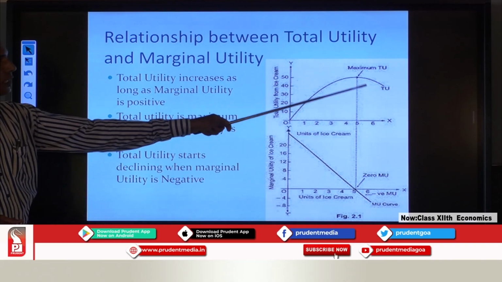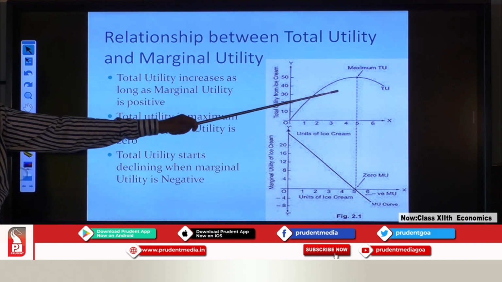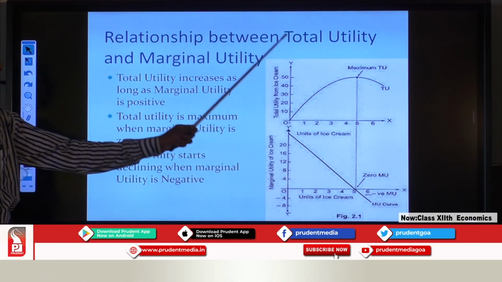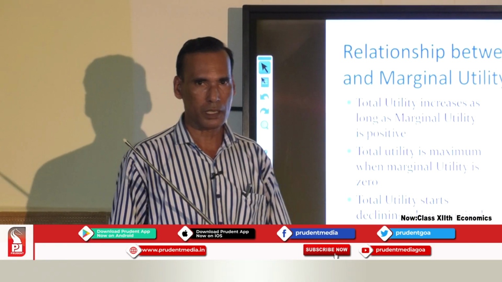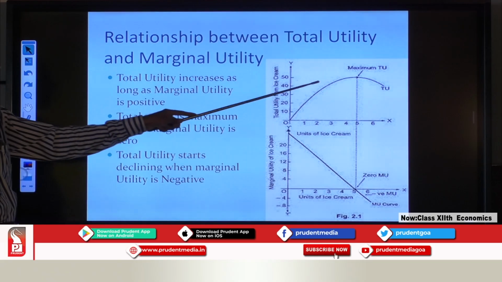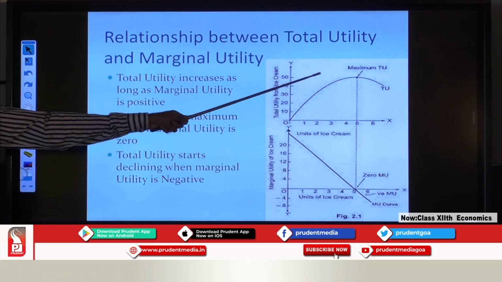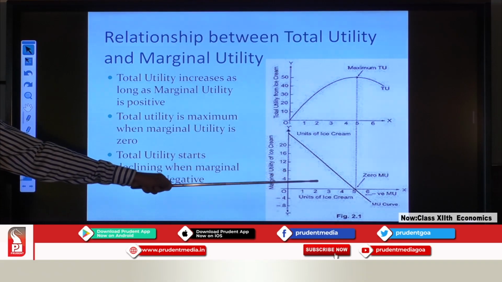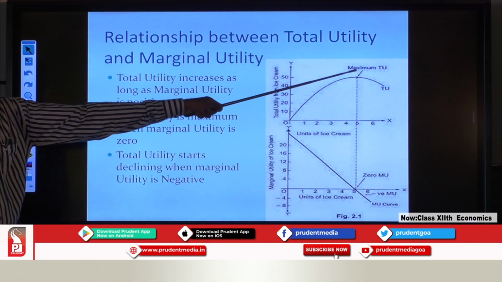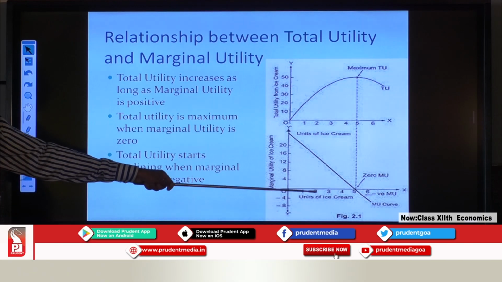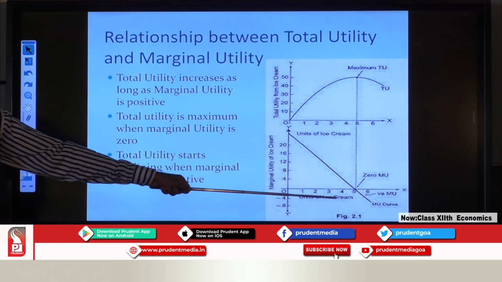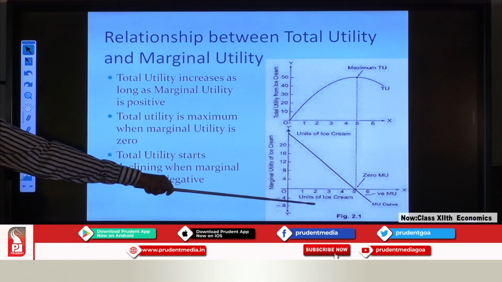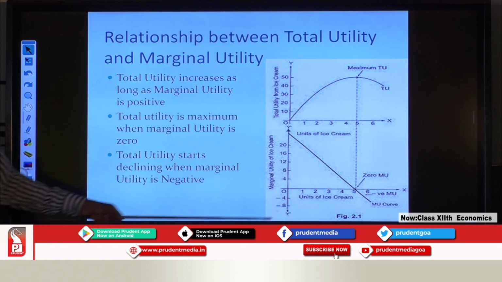And when total utility starts declining, marginal utility becomes negative. So, here you need to know 3 important things: first, when total utility increases, marginal utility is positive. When total utility is maximum, marginal utility becomes 0. And when total utility starts declining, marginal utility becomes negative.